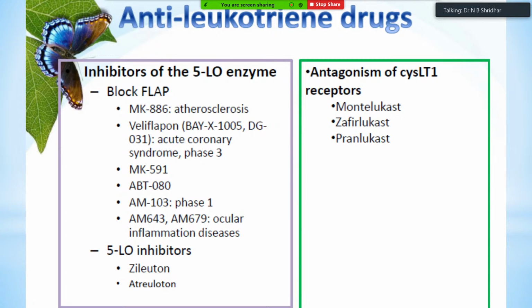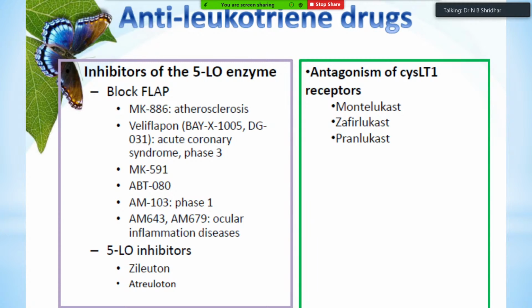So many anti-leukotriene drugs are there. Of course, there are inhibitors of the 5-lipoxygenase enzyme, and they block the FLAP, and drugs like MK886, which can be used in atherosclerosis, and venetoclax, and many other drugs are there.